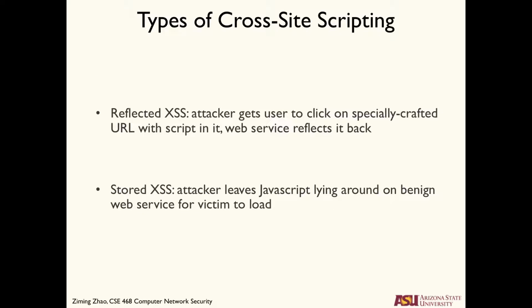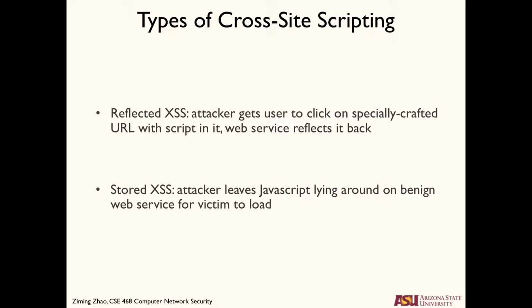So there are two basic types of cross-site scripting. One is called reflected cross-site scripting. In this kind of cross-site scripting, an attacker gets users to click on a crafted URL, and that URL will include some script. So when the user clicks that URL, it brings the user to the website and also retrieves the web page from that URL.